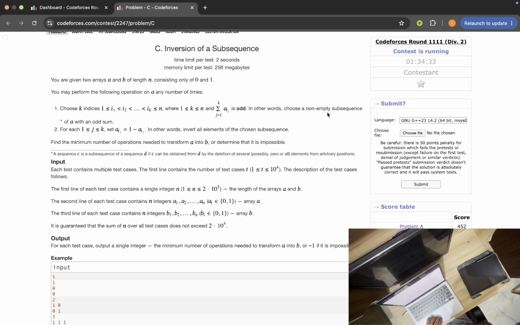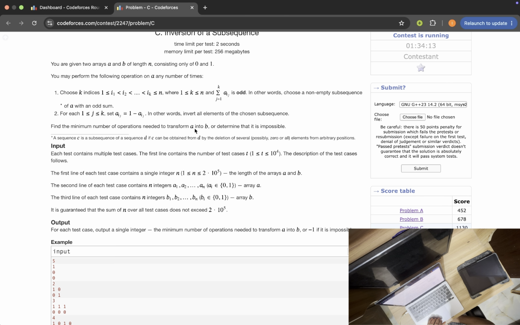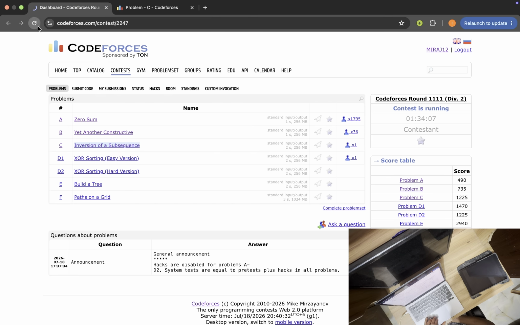In other words, choose a non-empty subsequence of A with an odd sum. For each chosen index, set A_i equal to 1 minus A_i, in other words, invert the subsequence. Find the minimum number of operations needed to transform A into B, or determine that it is impossible.